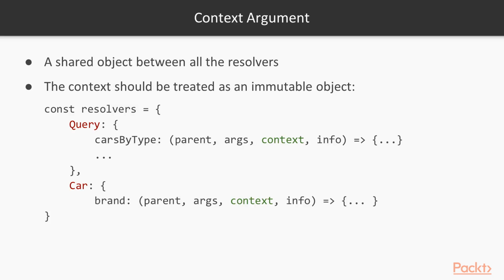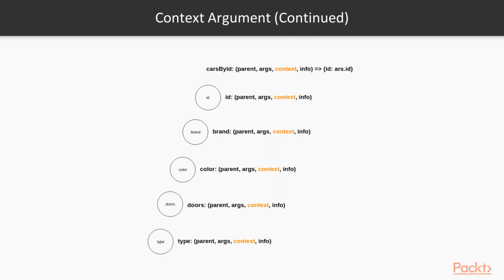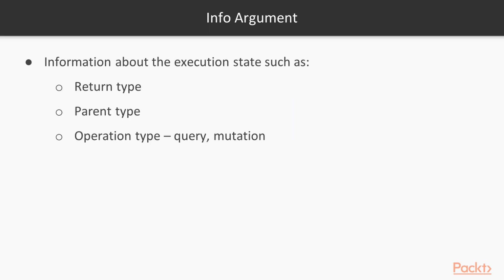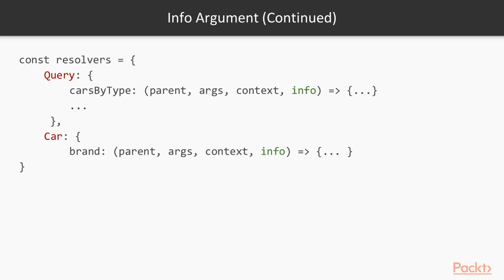In the third position we have the context argument, which is shared between all the resolvers, and it's passed by the server on every execution. The final argument is the info argument, from which you can get information about the execution state. We can see the return type, the parent type, and also the operation type of the resolver, query or mutation.